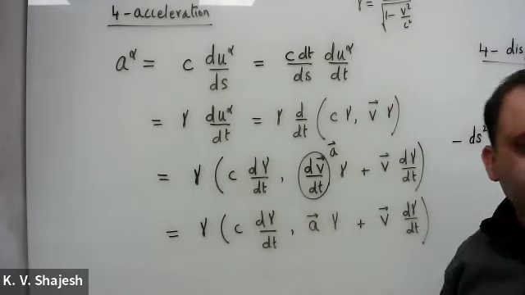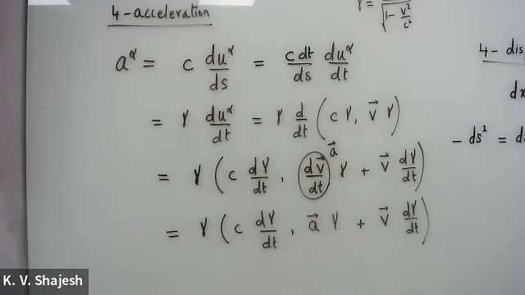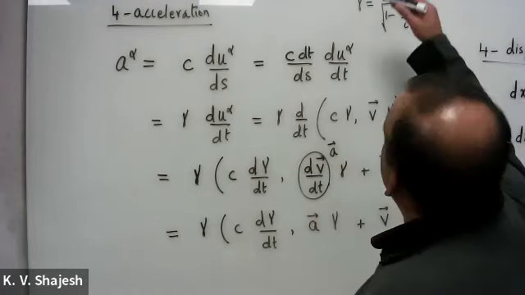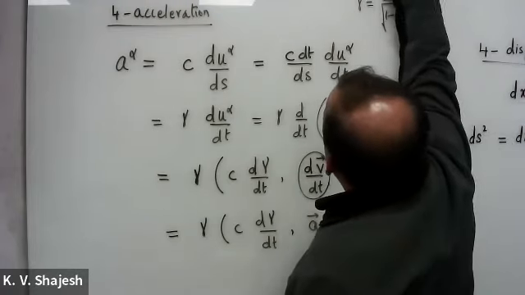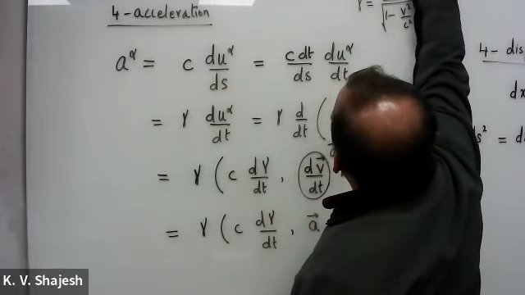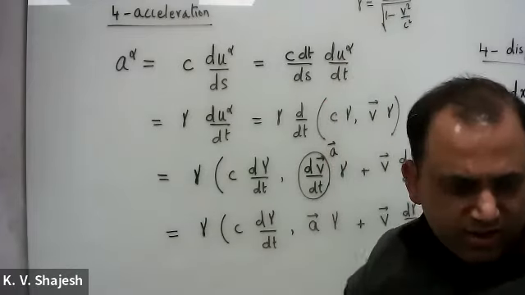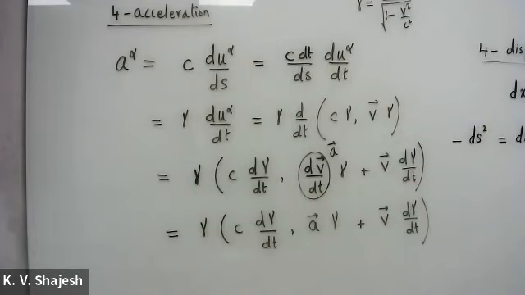That's good enough, but let's use a trick. We had shown that u alpha u alpha was equal to minus c squared, right? So that should give us a way to calculate the derivative of gamma with respect to time.